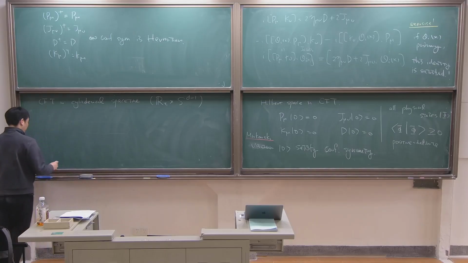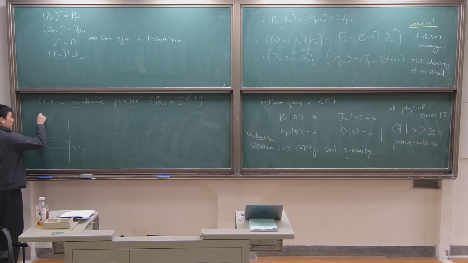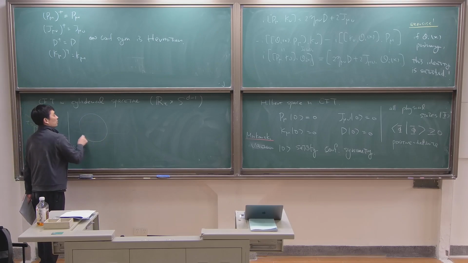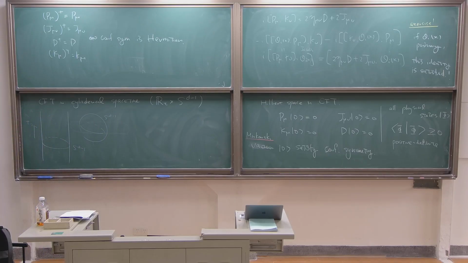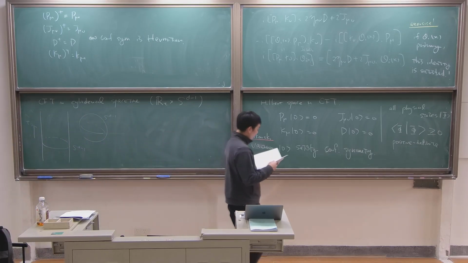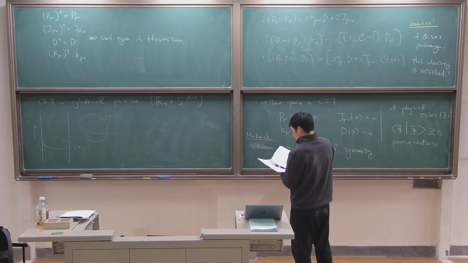This is a schematic diagram: S^(D-1), and the time direction is like this. So it's like a high dimensional cylinder. At each time slice you have a sphere, a (D-1)-dimensional space. We consider such a space-time and consider the conformal field on it.